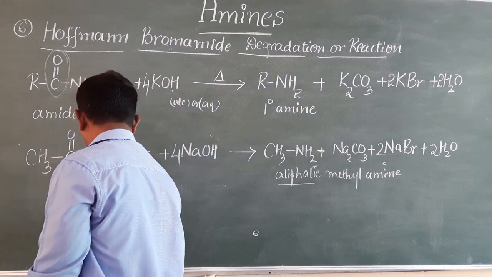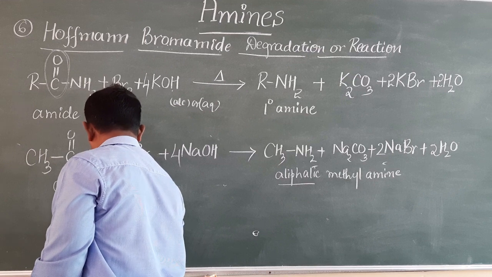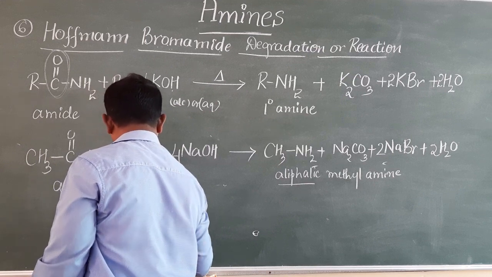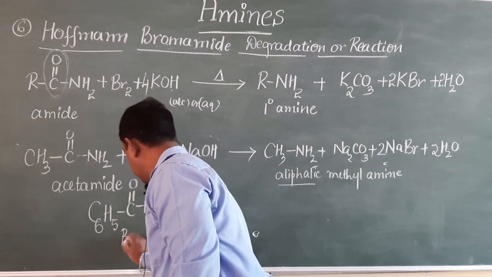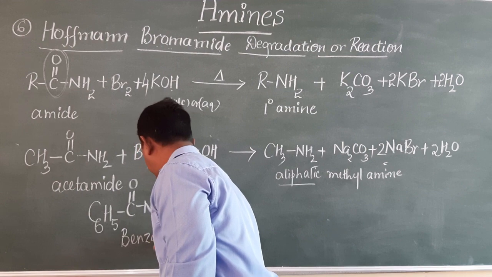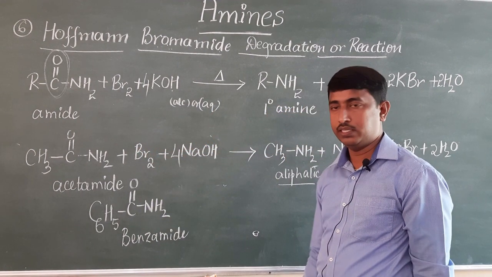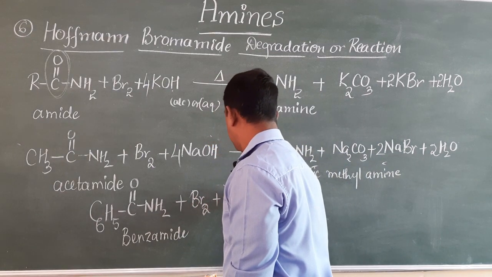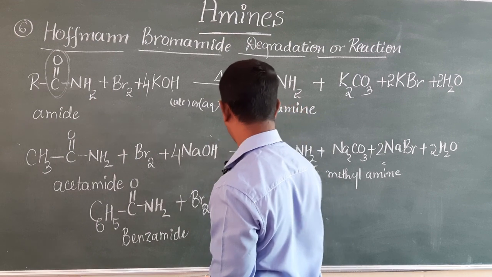We can take aromatic also. If I want to prepare aromatic, in the place of R, I take the benzene ring, C6H5. C6H5CONH2 is the amide obtained from benzoic acid, benzamide. Benzamide is treated with bromine and sodium hydroxide and heated.